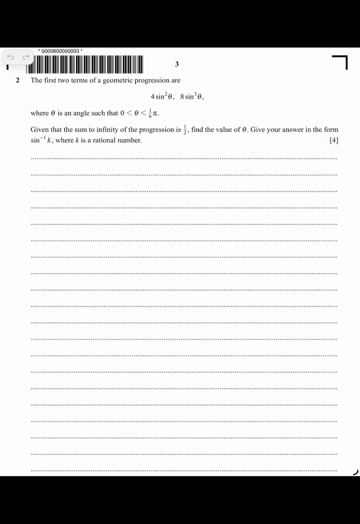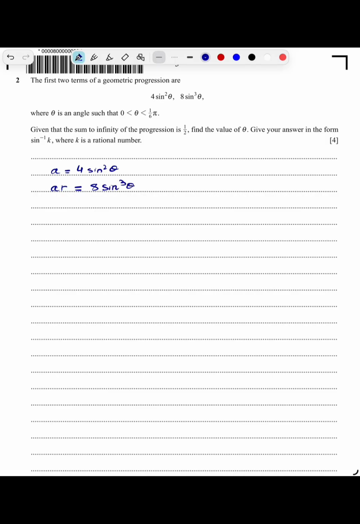Okay, question number 2, this is worth 4 marks. It says the first two terms of a geometric progression are this. Ooh, it looks kind of fancy and complicated. The first term A is 4 sine squared theta, and the second term AR is 8 sine cubed theta.